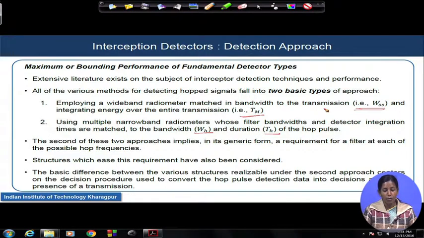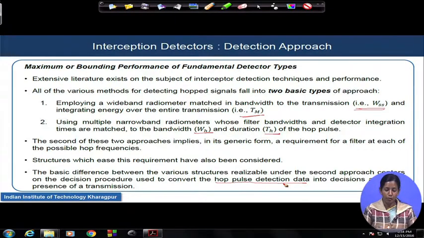We will go ahead with a comparative study of these two kinds of approaches, and the basic difference between these various structures is how they are realizable. The second approach centers on the decision procedure used for every hop pulse detection data and the decision on the presence of the transmission.